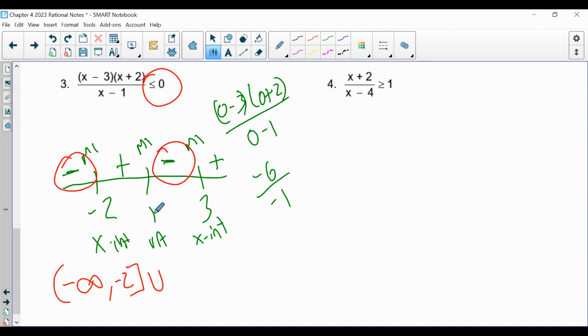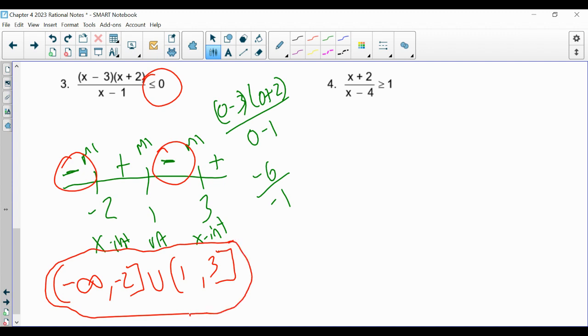Union, now 1 is a vertical, which means it's always a parenthesis. So that's where it gets a little weird with rationals. 3 is back to being an x-intercept, so you have to put a bracket. And that's the part where mistakes do get made with rationals. So just be careful with that.